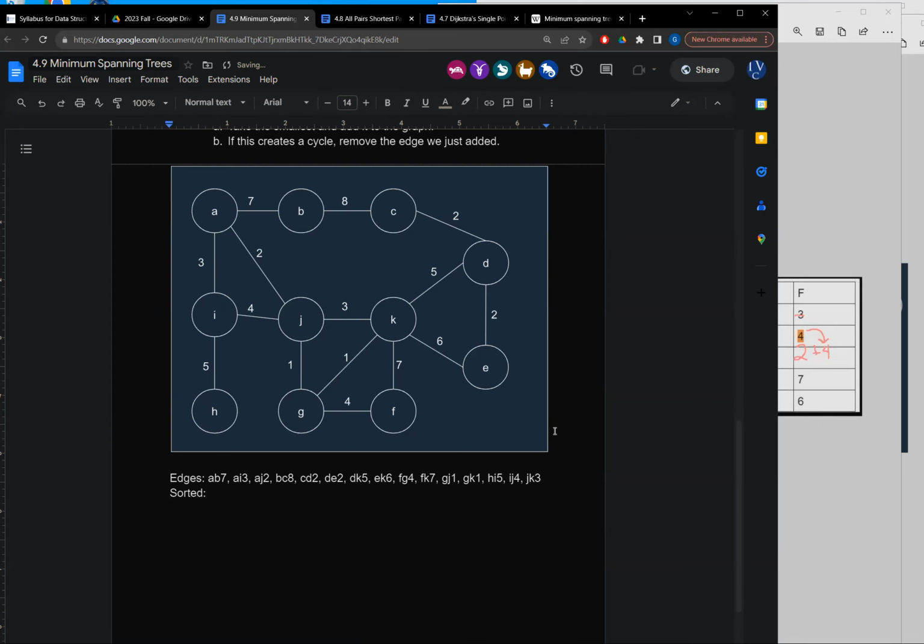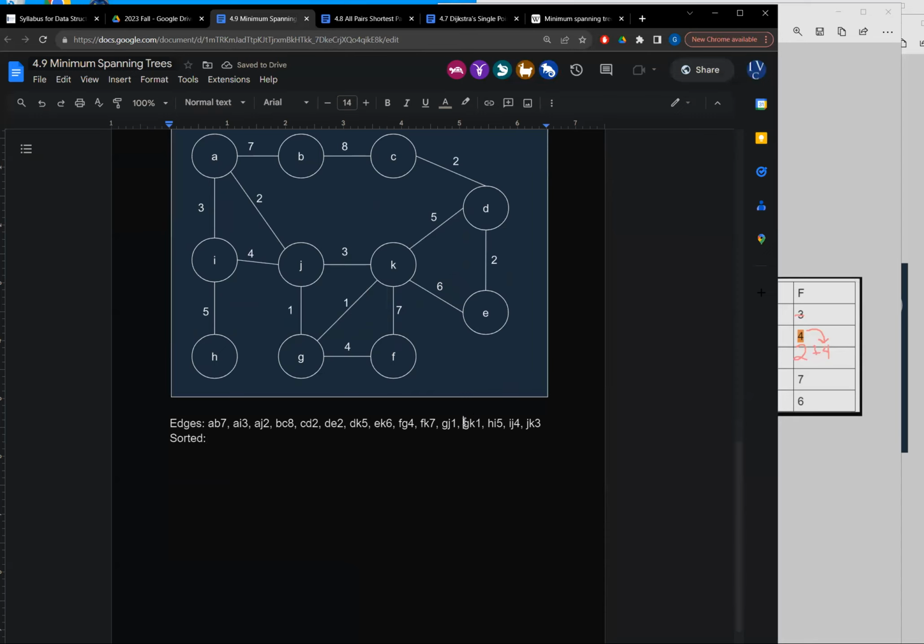All right, so sorted. We just do like a selection sort. Grab our ones. Start grabbing our twos. Twos, all right, grab our threes.